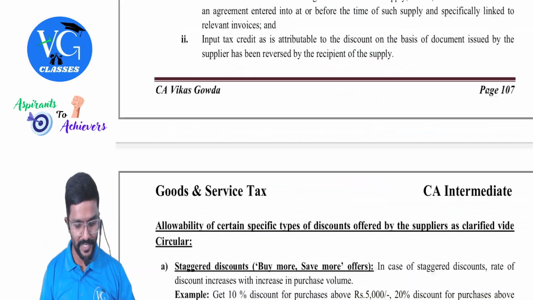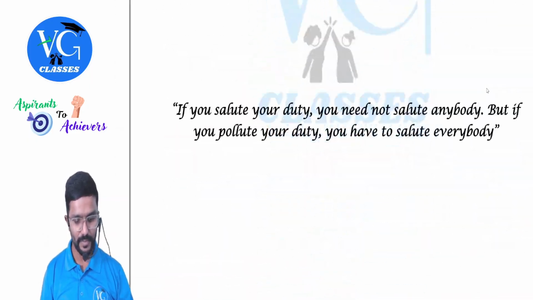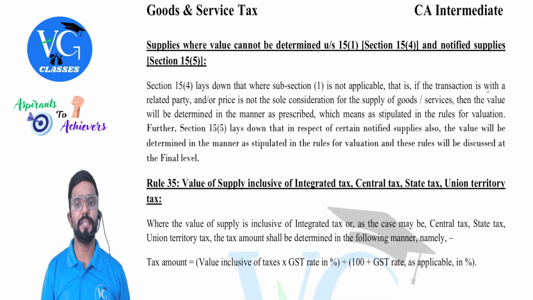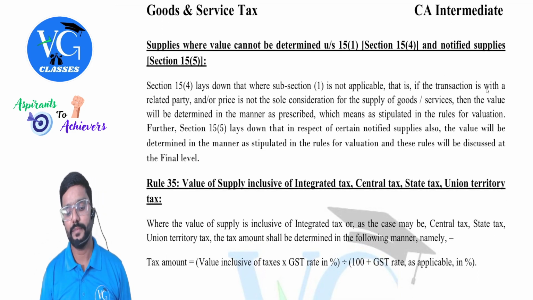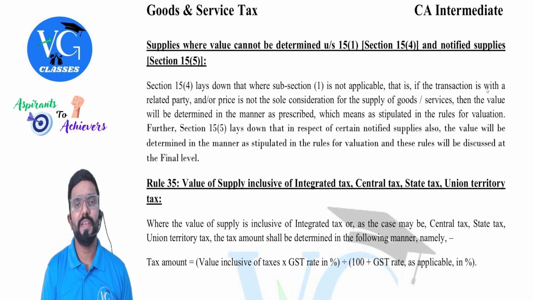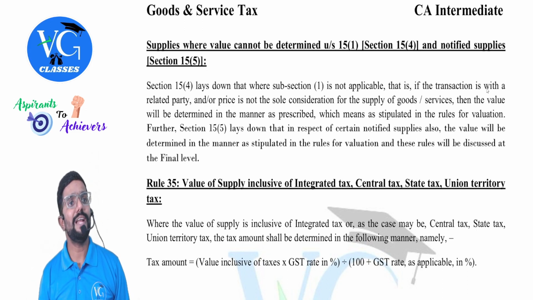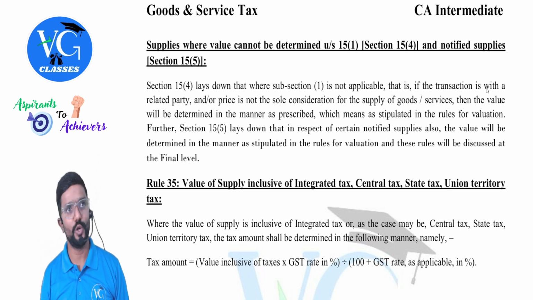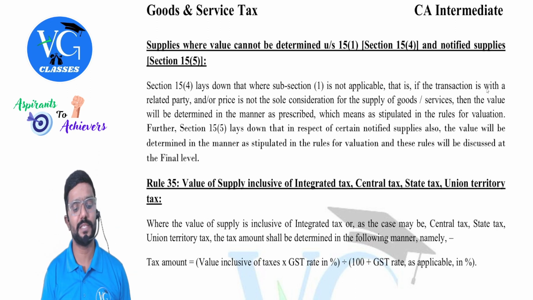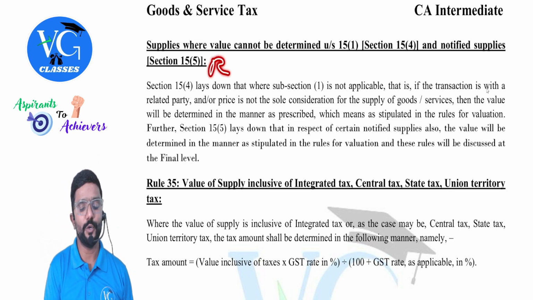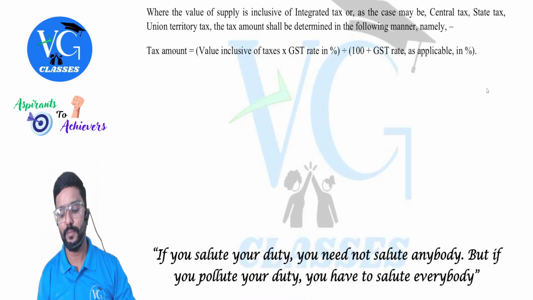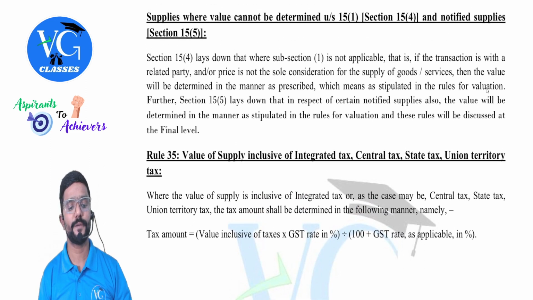So if you come to this page, which I will show, page number 109, you can see I had given it to you. When we cannot determine the value of supply as per the section, then we need to refer to the valuation rules. And that is a part of your syllabus. Just write page number 109, guys.